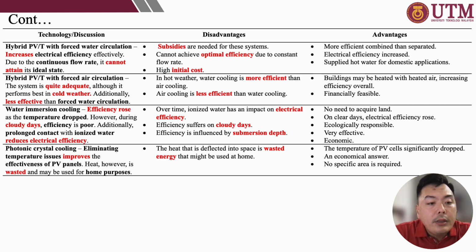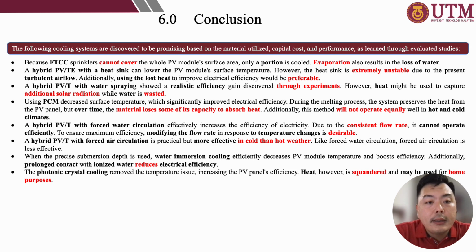As for water immersion cooling, the efficiency rose as the temperature dropped. However, during prolonged contact with ionized water, it reduces the electrical efficiency. Photonic crystal cooling eliminates the temperature issue and improves the effectiveness of PV panels. Heat, however, is wasted and may be used for home purposes.